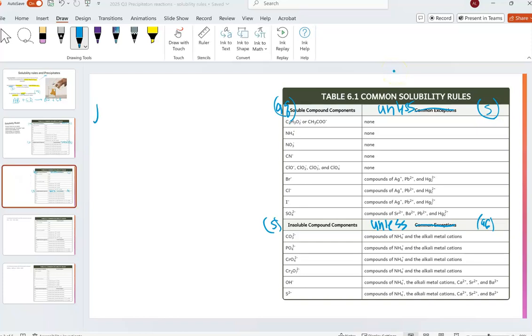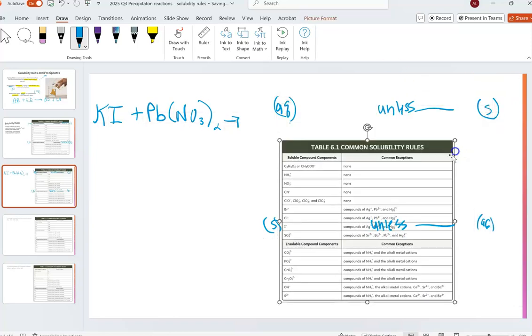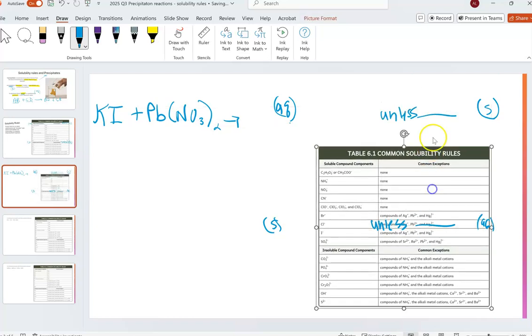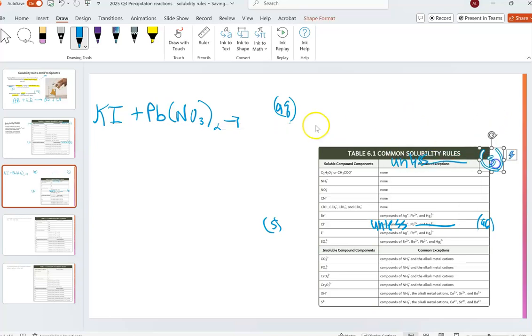reaction. We've got potassium iodide plus lead 2 nitrate yields, I'm going to run out of room here, kind of move some of these down, unless solid, aqueous, solid.